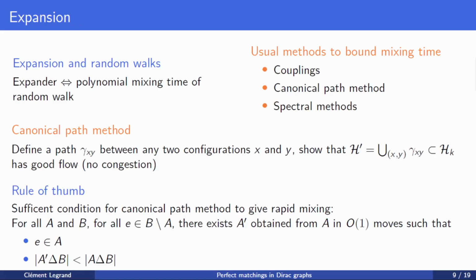And so here, what we do is we just open the proof we had for connectivity, and then we count the number of paths that are going through one transition, and we show that this is polynomially bounded, and this gives us a bound on the mixing time. So basically we have this thing for free. We're just doing some careful analysis, but the proof is really the same thing.